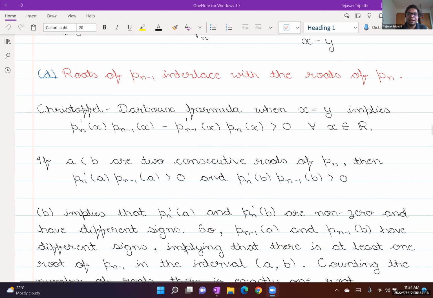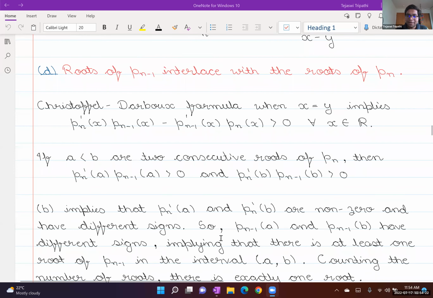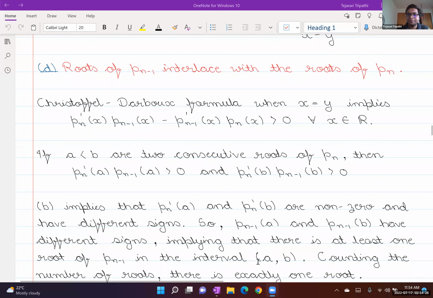So if you have a polynomial and at two points it has different signs, it must cross the real axis. This implies that there is at least one root of Pn minus 1 in that interval. But it happens for every two consecutive roots. So just by counting, you can conclude that there cannot be more than one root, and hence there is exactly one root.